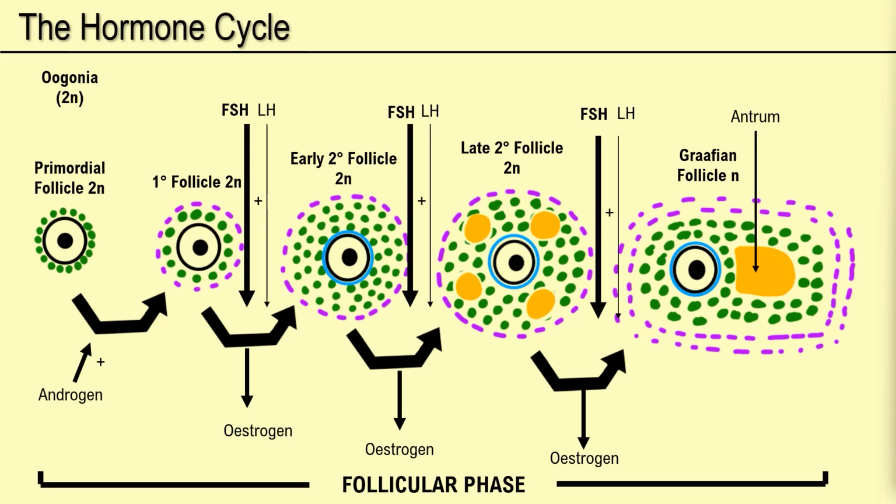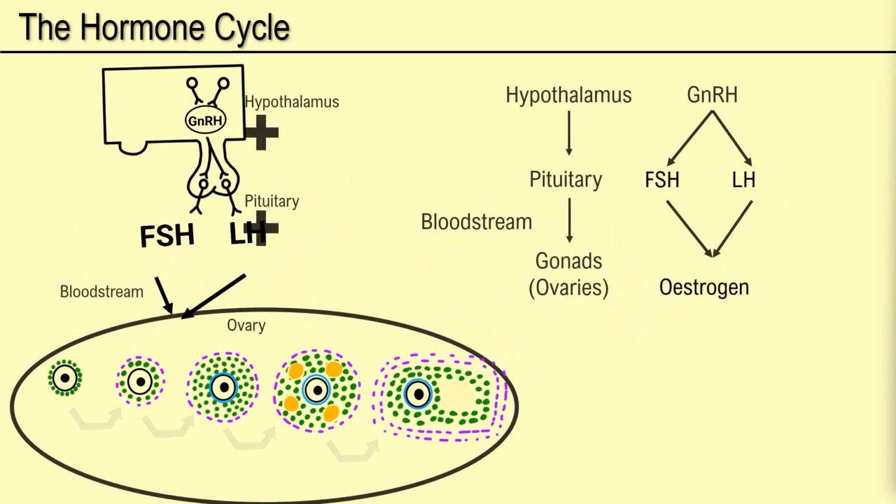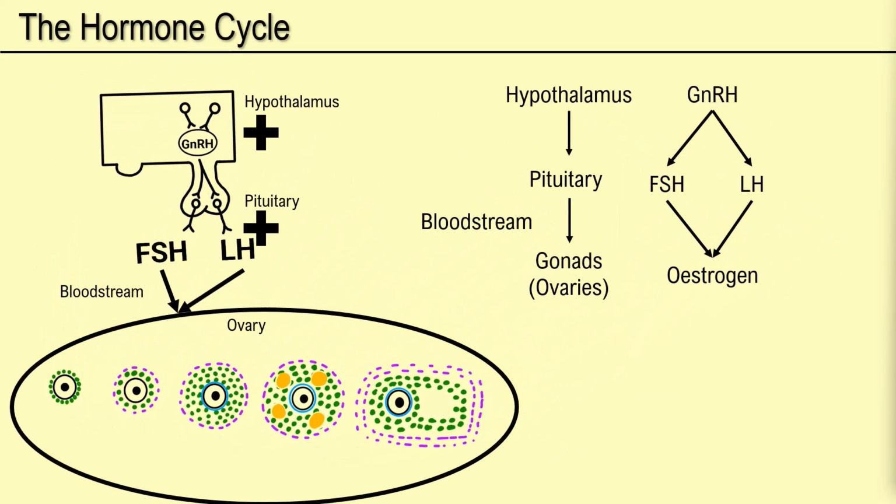But let's have a look at what happens to the hormones of the HPG axis. As we increase the secretion of estrogen, this is fed back to the hypothalamus and the pituitary, and there is less secretion of FSH and LH as we reach the mid-follicular phase.